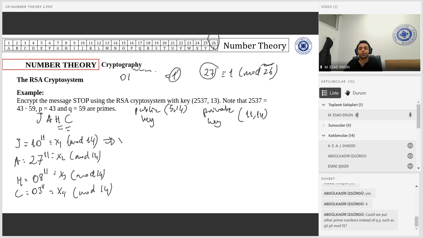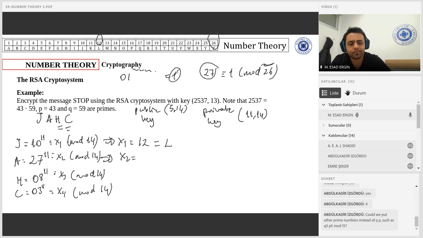Now, for example, x1 has to be L, but let us check if it is really L or not. 10 power of 11, and the remainder will be 12, and it is actually L, which is here. So in x2, it equals 27 power of 11, and in mod 14, what is it?